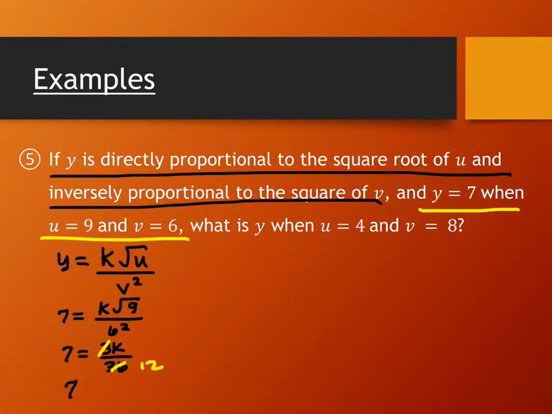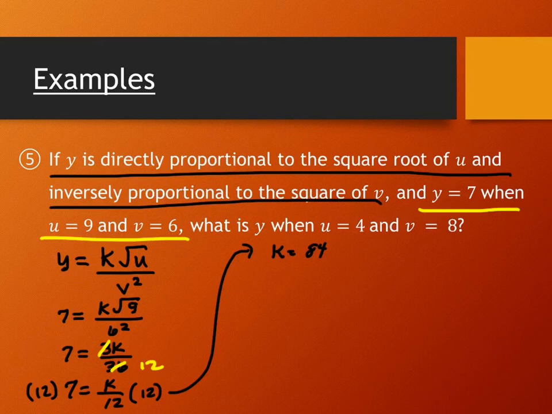So I have 7 equals k over 12. We'll multiply by 12 to solve for k. And the k value is 84. So our function with the k value plugged in is y equals 84 square root u over v squared.